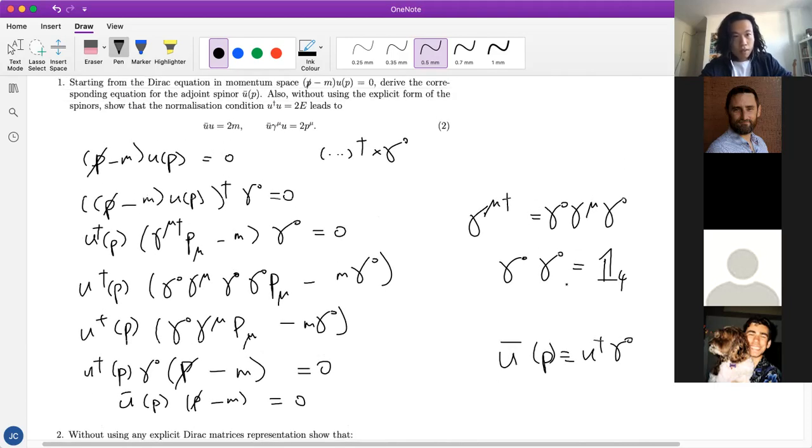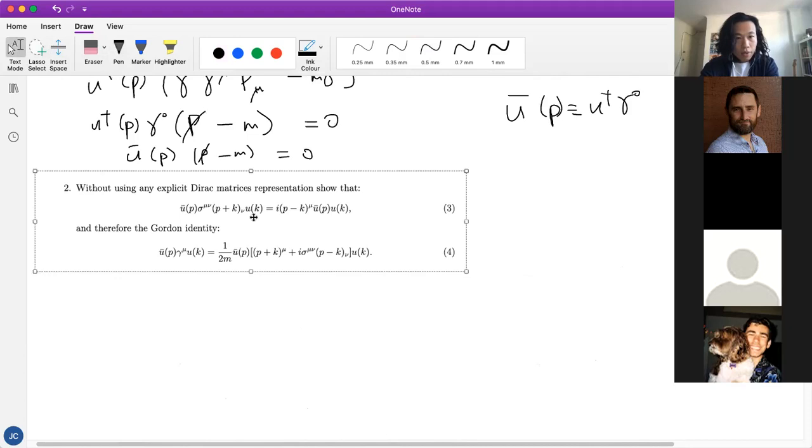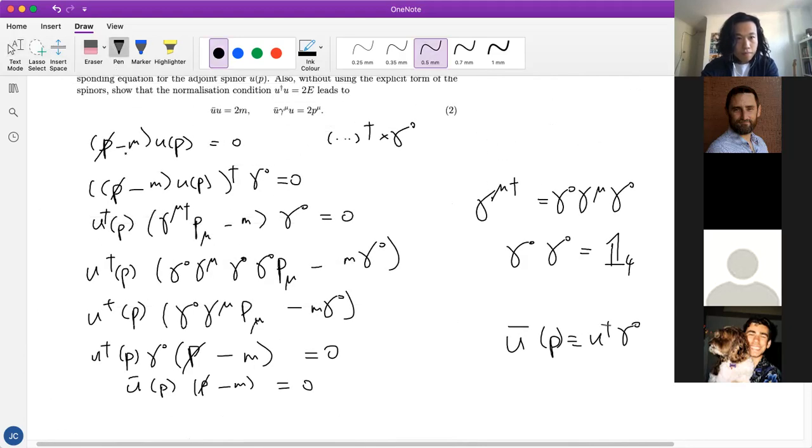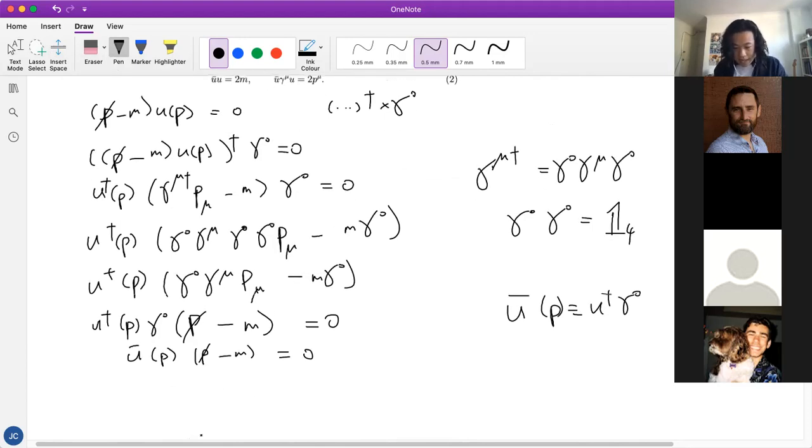Okay, to move this out of the way so I can have a bit more room. Now that I have the adjoint Dirac equation and the normal Dirac equation, I'm going to take the normal Dirac equation, P slash minus M U, and multiply with U bar gamma mu on the left.